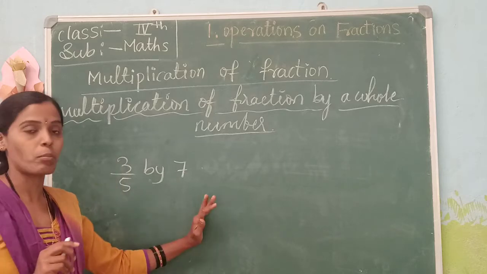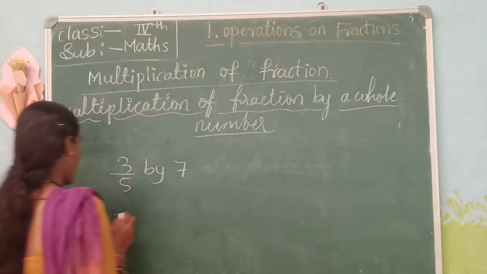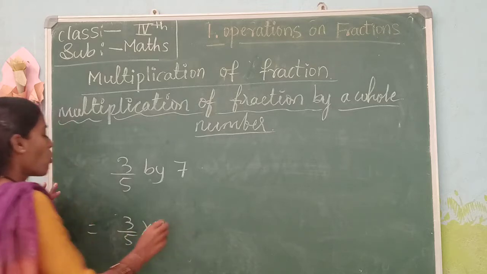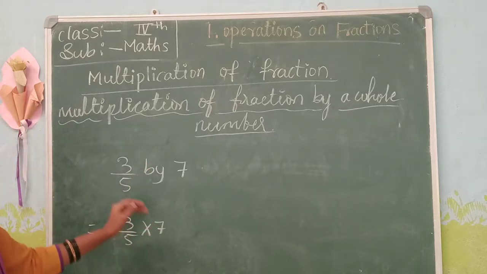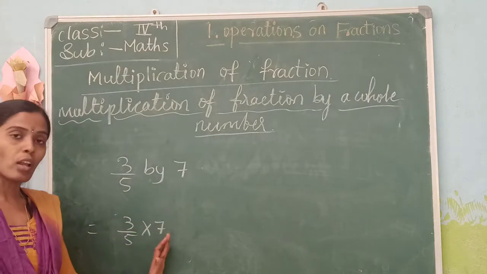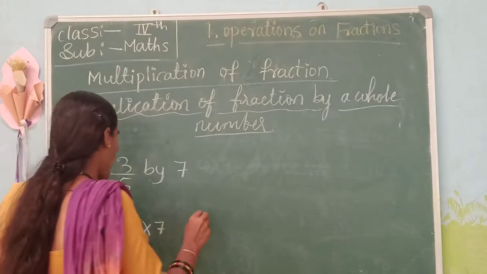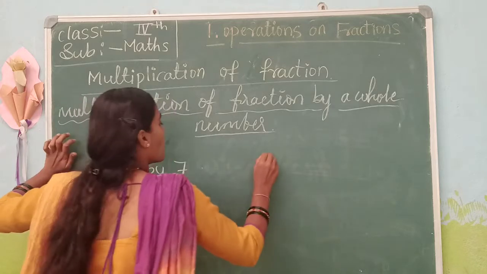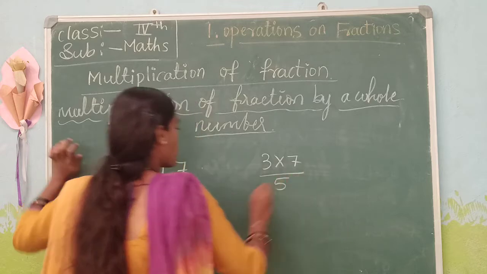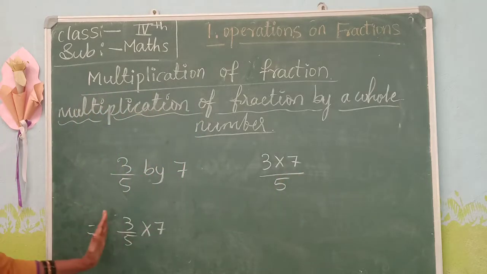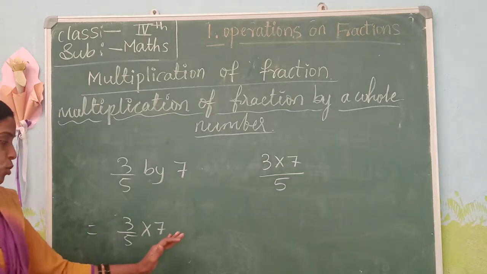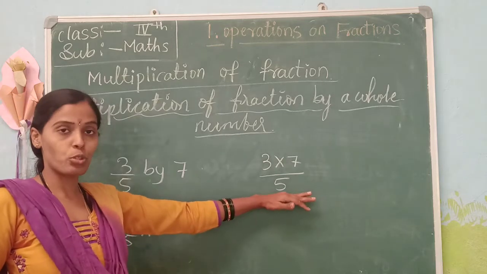Fraction and whole number. See, in the multiplication 3 by 5 into 7, 'by' means divided. When we multiply a fraction and a whole number, we just write the numerator of the fraction into the whole number, divided by 5.